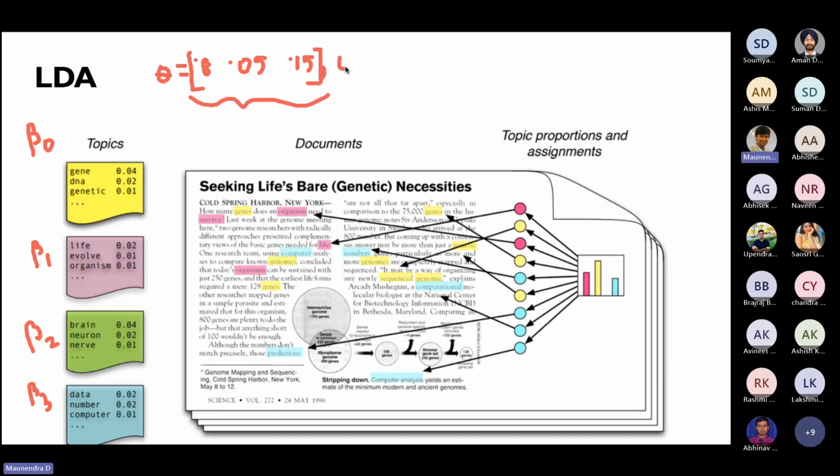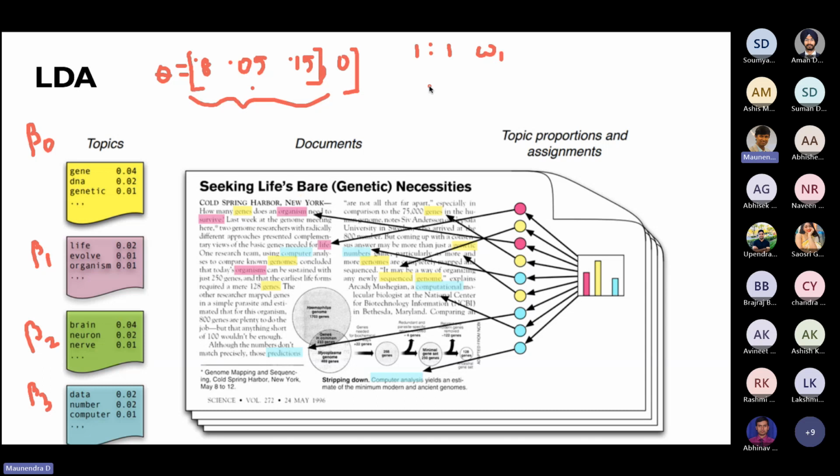There are 4 topics. I know that for the first word I have selected topic 1, which is this one. Now I go to the beta 1 vector, where we have the probability distribution over words for topic 1. Among them I pick one word randomly. Suppose I call it W1. Then my first word is generated.